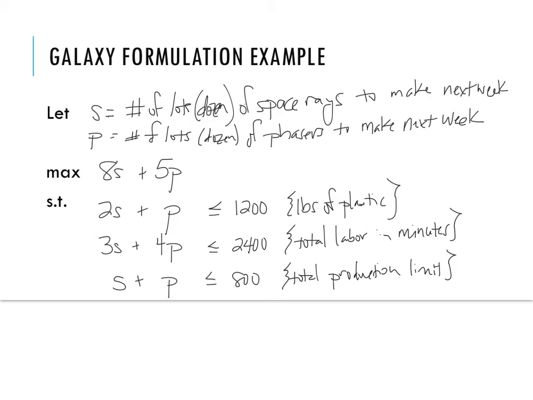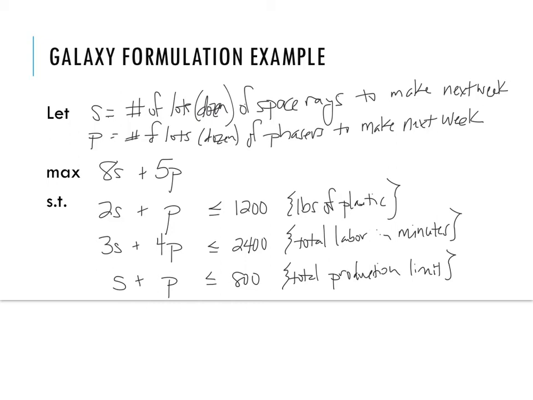Then we need to do the other one, which was a little more complicated. It said we want to make sure that the weekly production of space rays cannot exceed phasers by more than 450 dozen. So probably the easiest way to do this is to just try to write it as it sounds.